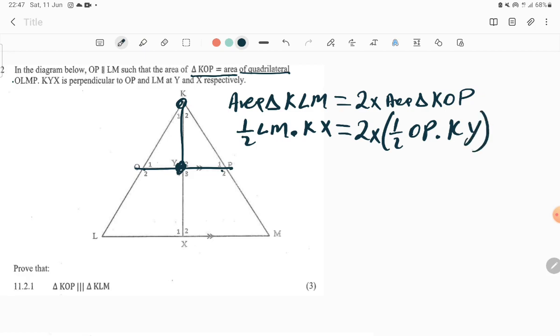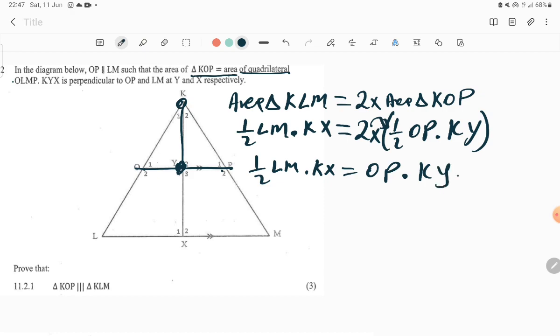Okay, now let's try to simplify things. Let's have 1 over 2 LM times KX is equal to, if you multiply this 2 by this half, then you will just get 1, which means now we'll be left with just OP times KY.